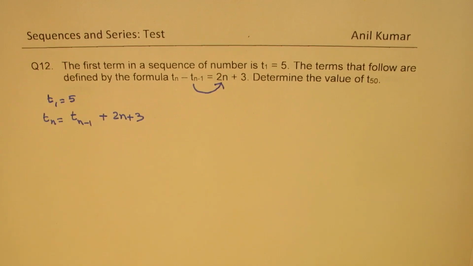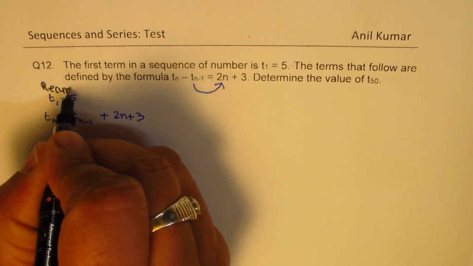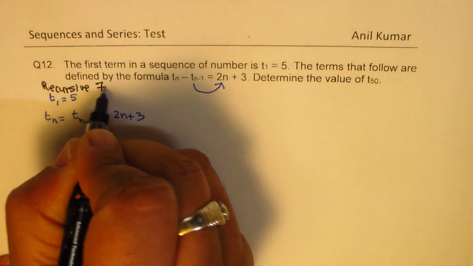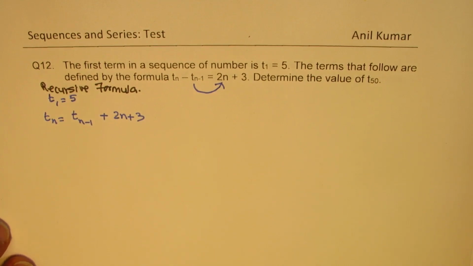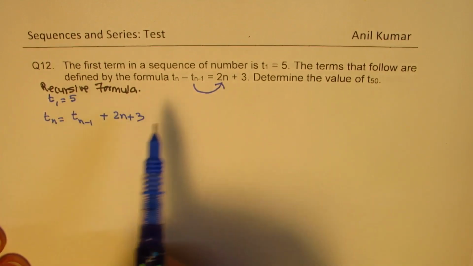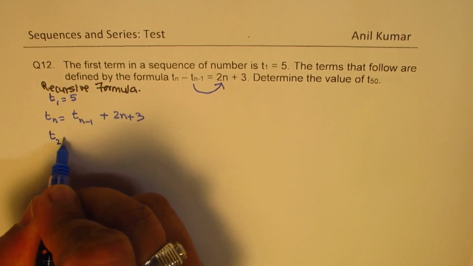So we are given a recursive formula, right? So we are working with a recursive formula. So one method could be that let us find the other terms. So what is t2 equals to?